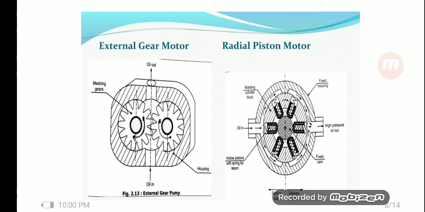Due to suction, the oil is sucked into the motor and given out at high pressure due to the eccentricity or gap between the outer casing wall and the center cylinder or fixed cam.